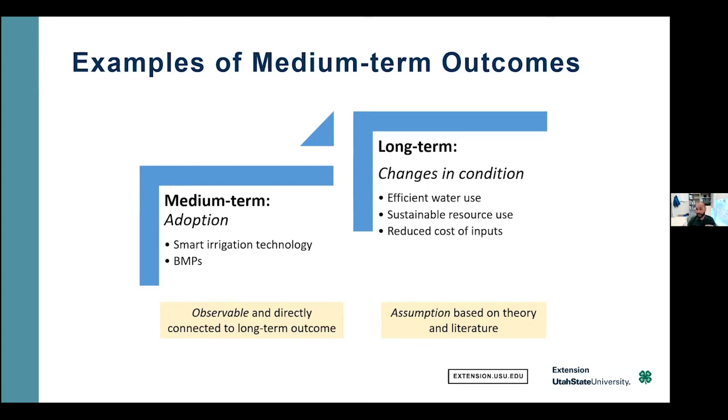And at the same time, if they continue this adoption, and this happens over the long run, then we could make the assumption of sustainable water use, and that goes back to the big problem of water quantity. So we make that entire connection simply by collecting medium-term outcomes.